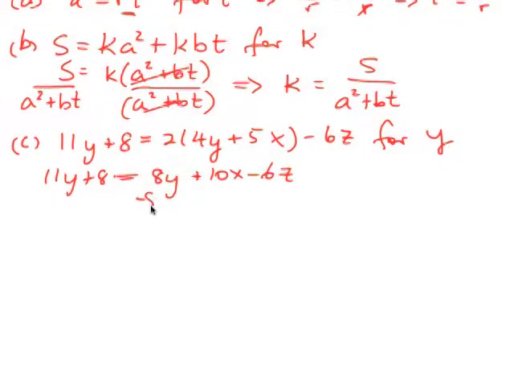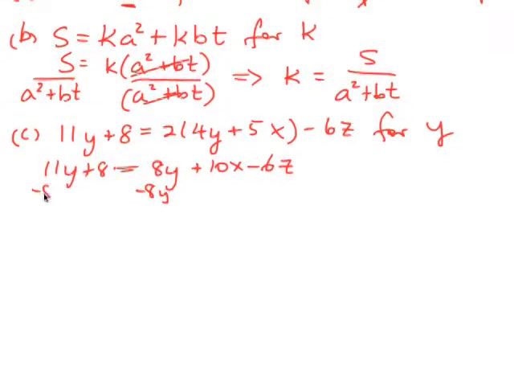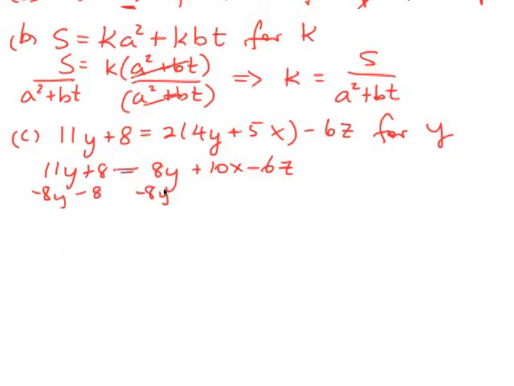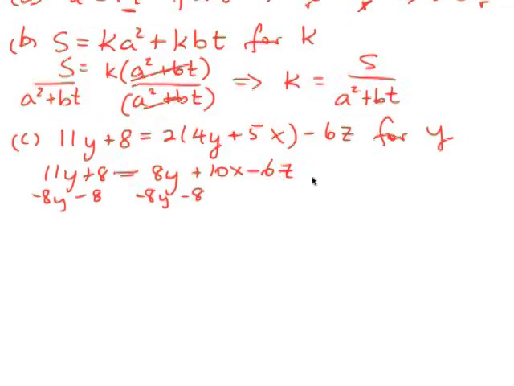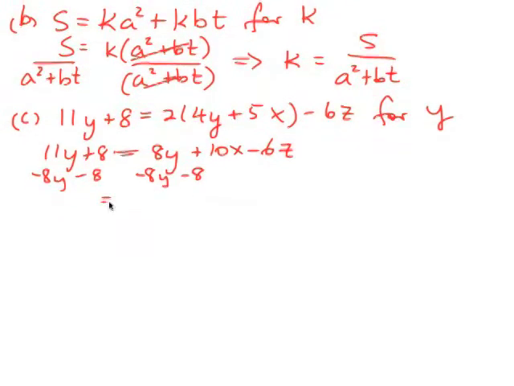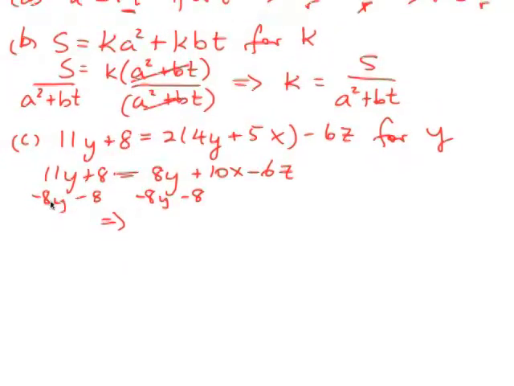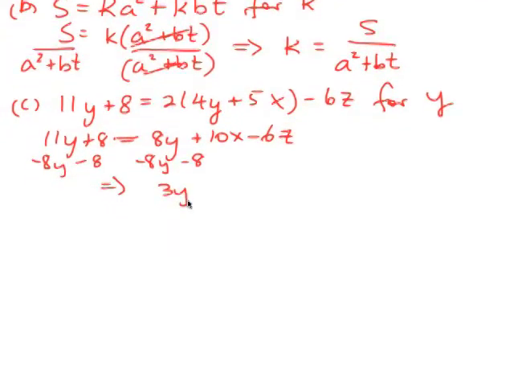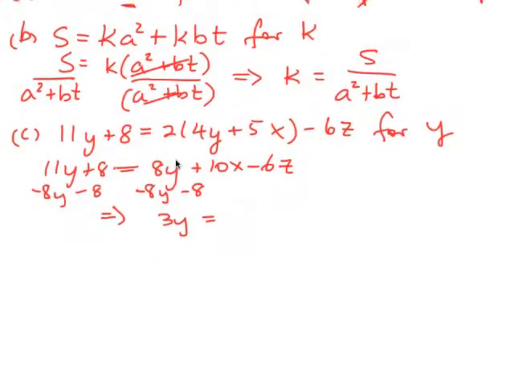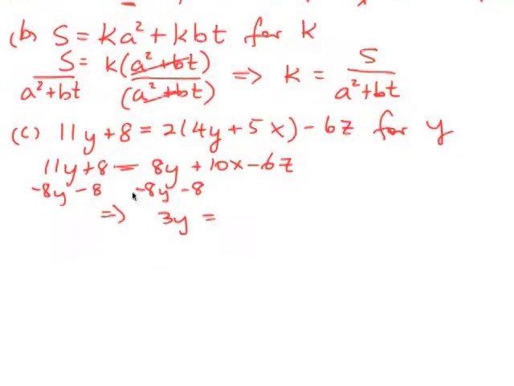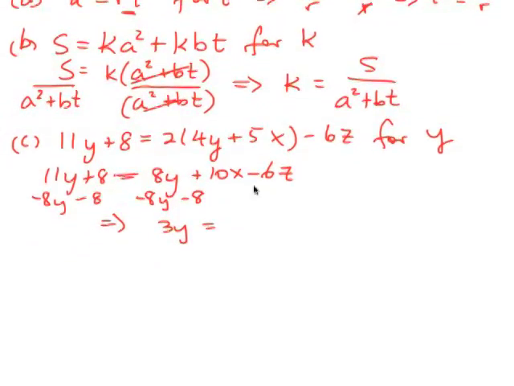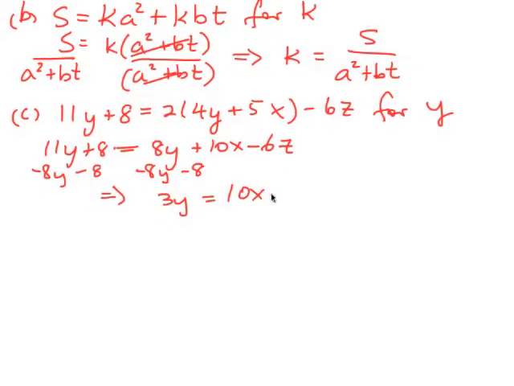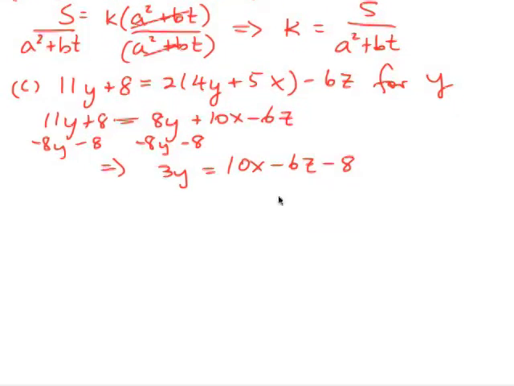So I'm going to subtract 8y from both sides, and I'm going to subtract 8 from both sides. This implies that 11 minus 8 is 3y, which is equal to, these will cancel, 8y minus 8y is 0, 8 subtract 8 is 0, so I'll have 10x minus 6z subtract 8.